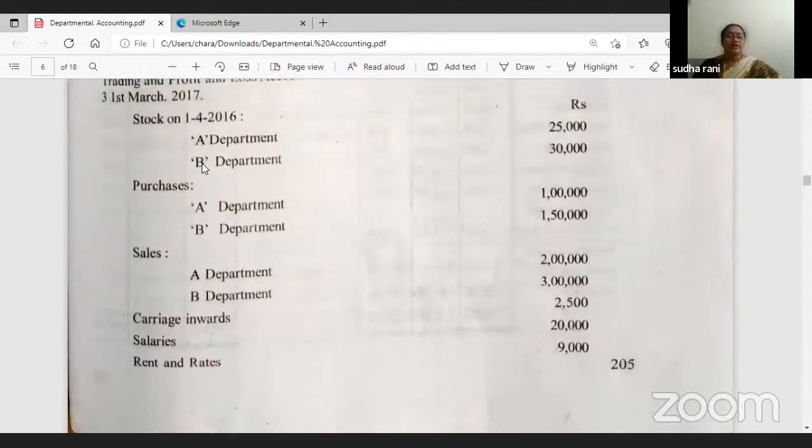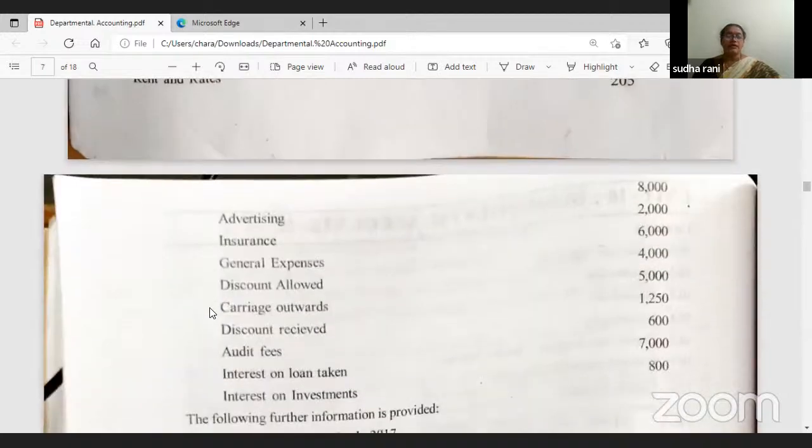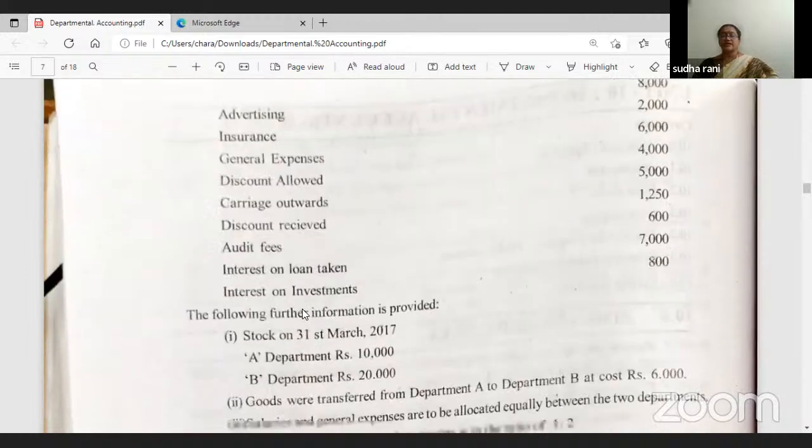Carriage inward is to be distributed based on purchases, salaries based on the time spent by the staff, rent and rates based on the area occupied, advertising based on sales. Insurance is of assets, meaning based on asset value. How do you allocate? He will give instructions for certain expenses.